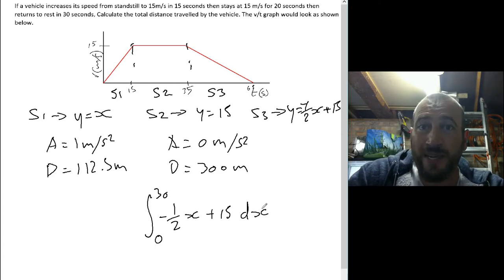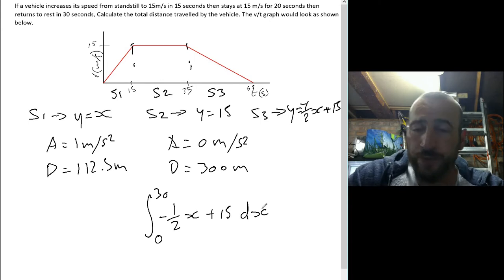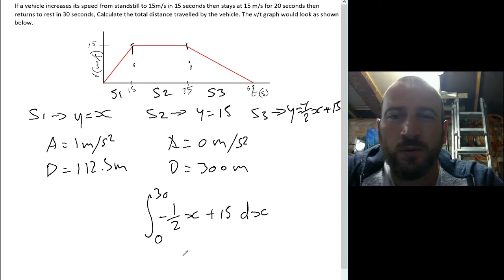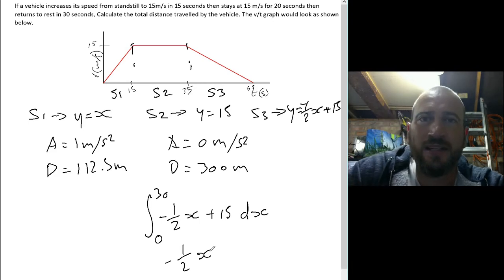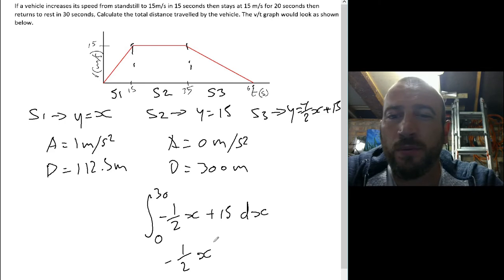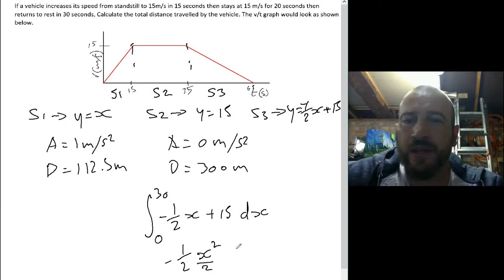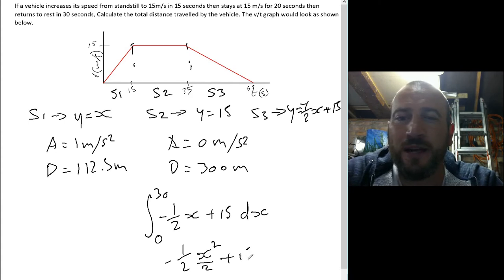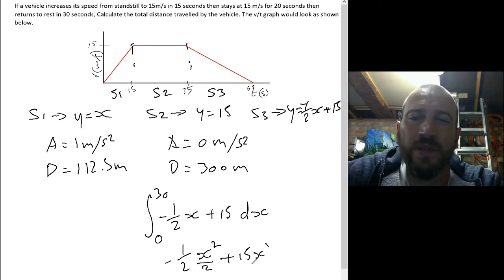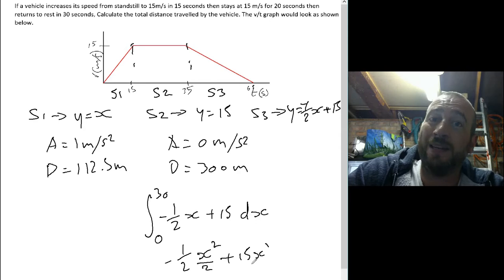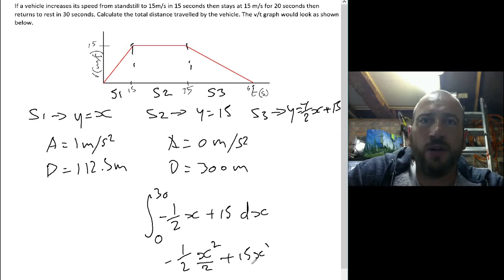If we integrate this the way we did before, this becomes negative 1 over 2 x to the power of 2 over 2, plus 15, which is x to the power of 0, so 0 plus 1 becomes 1, divided by 1, so we can leave that off. So there is our integrated equation for section 3.